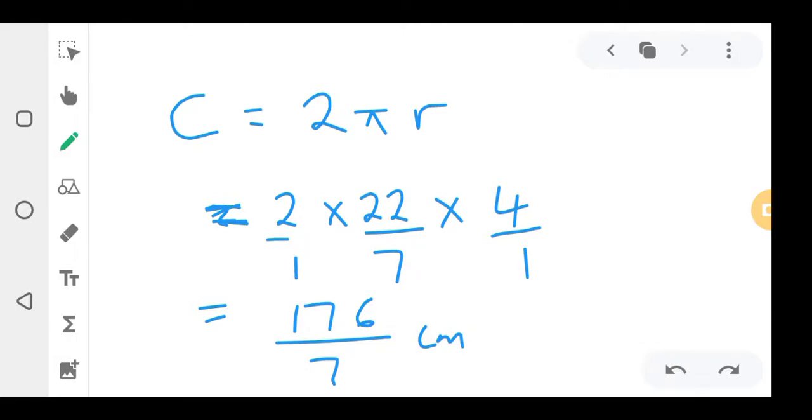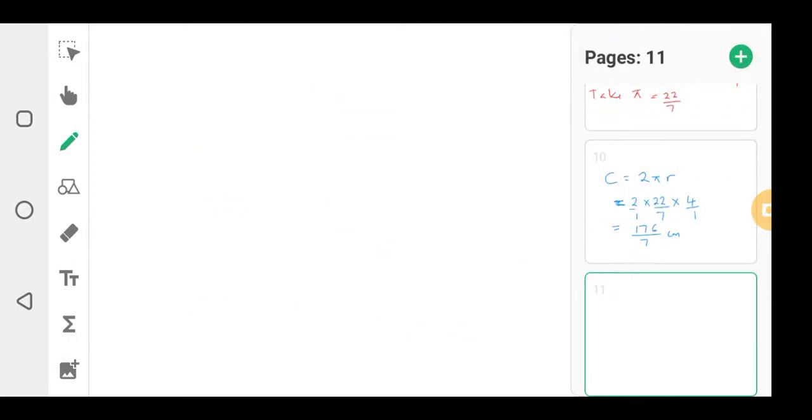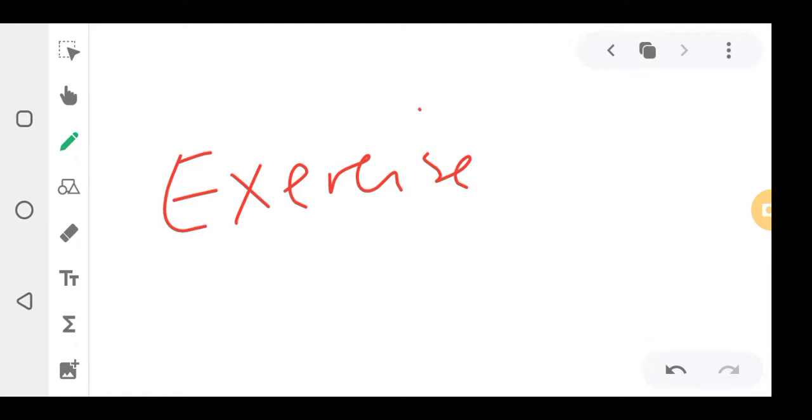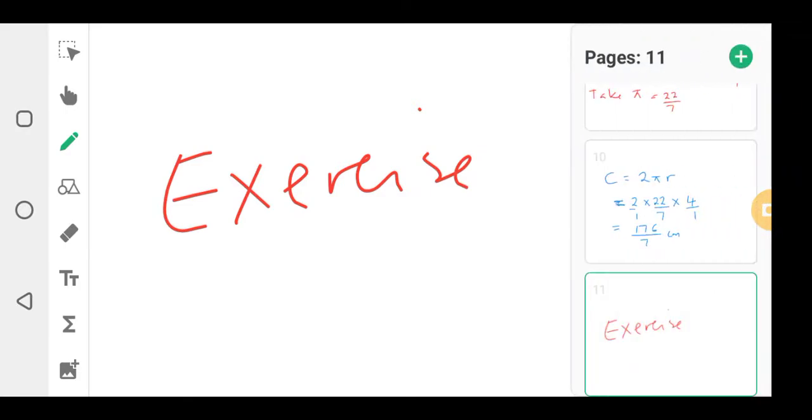Okay, sometimes they can switch the question in a different way. So let me just say exercise. So this is the exercise.